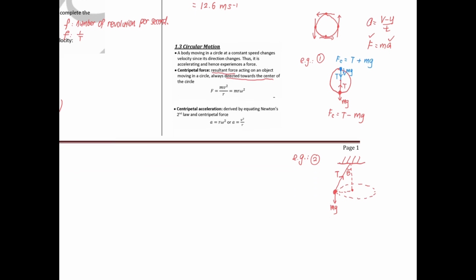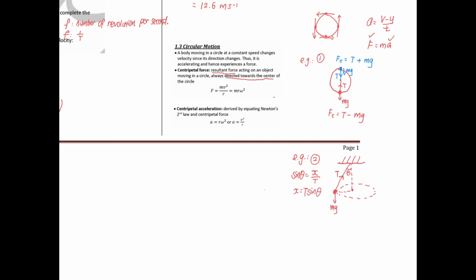And to find this, we just use some trigonometry. Sine is opposite over hypotenuse. So let's write down sine theta is opposite, let's call it x, over hypotenuse, which is T. We are considering the right angle triangle over there, and after that we get x equal to T sine theta.